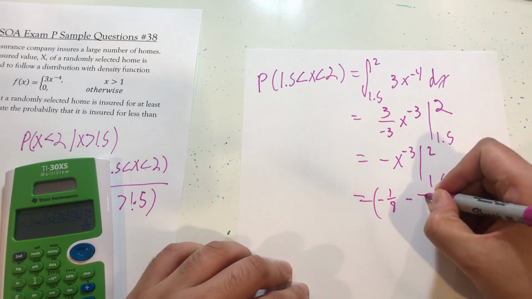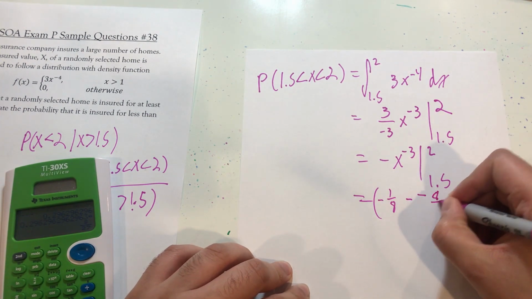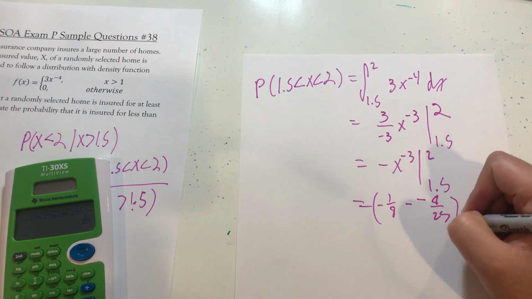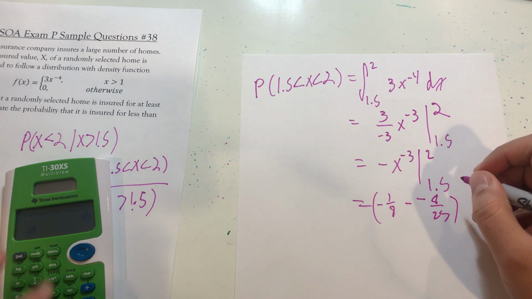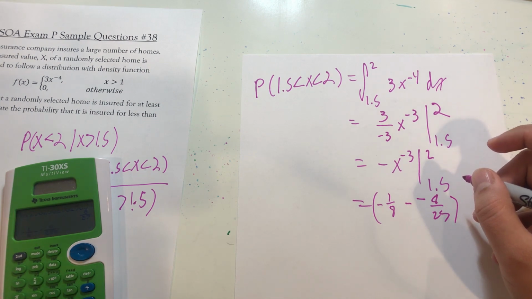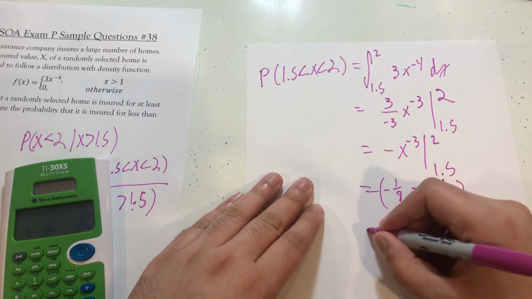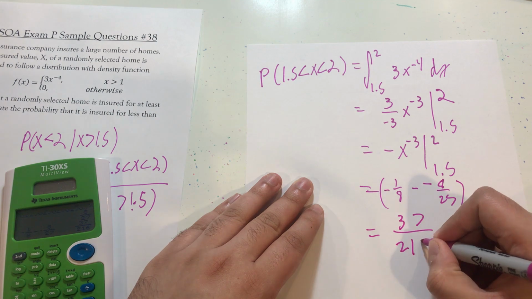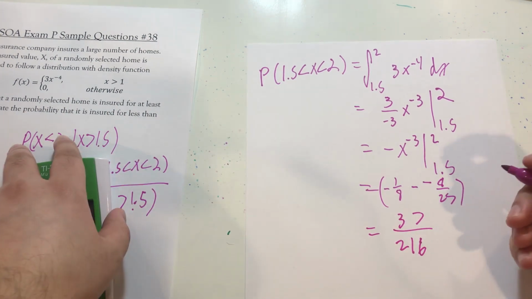So that's going to be a negative 8 over 27. And then I subtract negative 1/8. Now I'm just using my calculator so I don't make an embarrassing arithmetic mistake. Negative 8 over 27. And that's equal to 37 over 216. All right, and that's going to be our numerator.